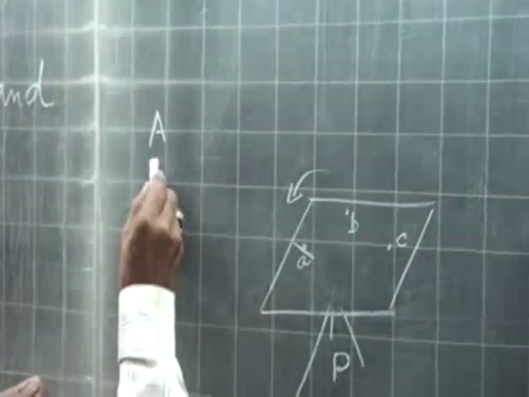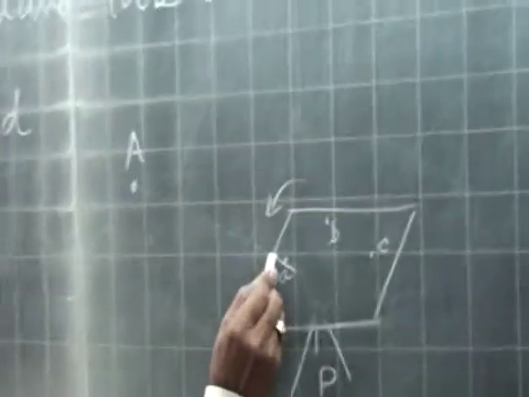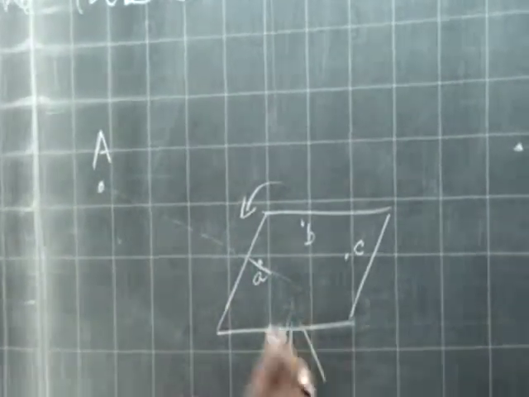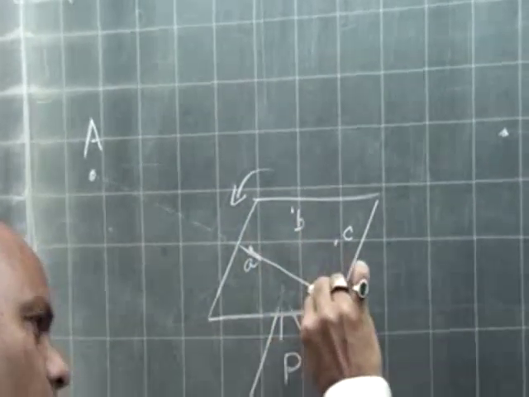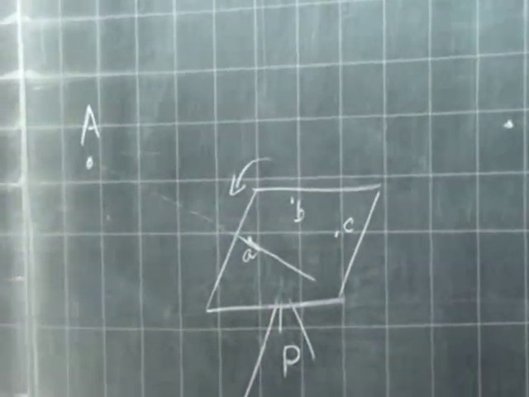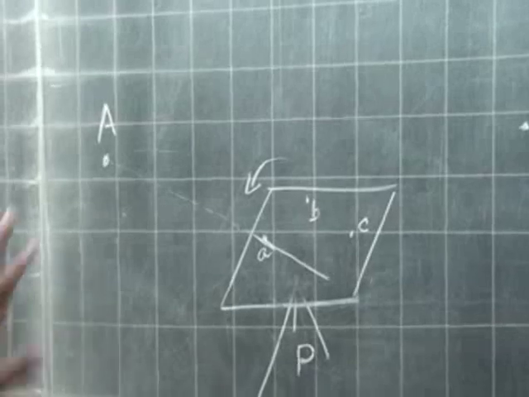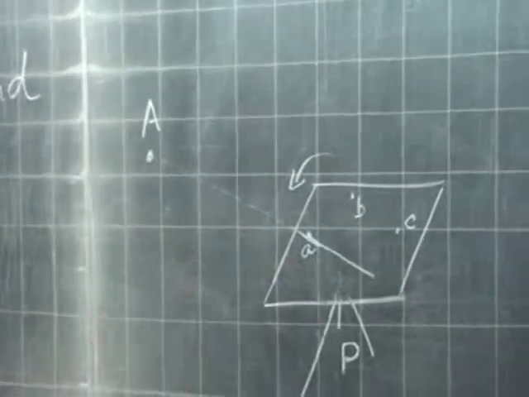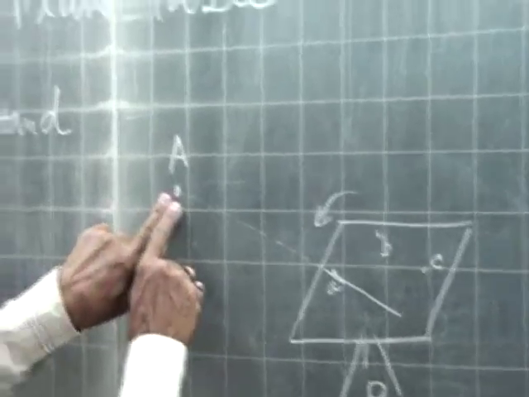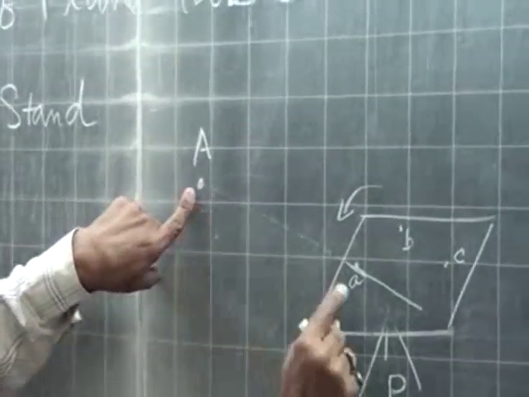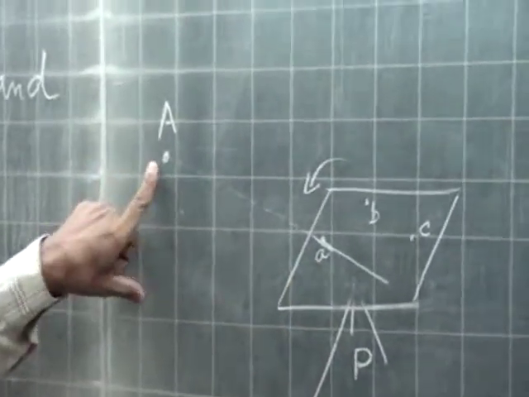When we have aligned them in one line, clamp the position and extend this particular ray on the plane table. So this is called the orientation. I have oriented my plane table with respect to ground point A and its plotted position small a.